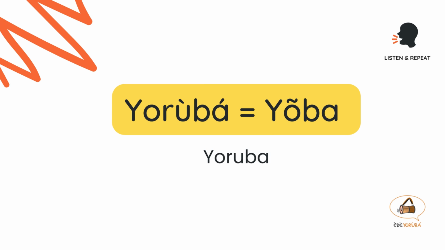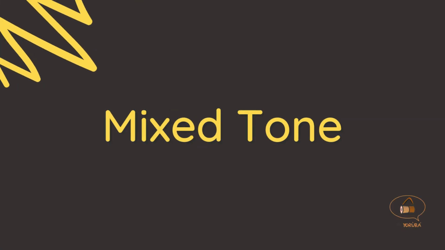But really, like I said, this is not used. I'm just sharing it for curiosity, if you're trying to think of what other tone marks existed in Yoruba written language before, but we don't use this again, so don't bother to memorize it. It's just to show you an example of how it was used in the past.